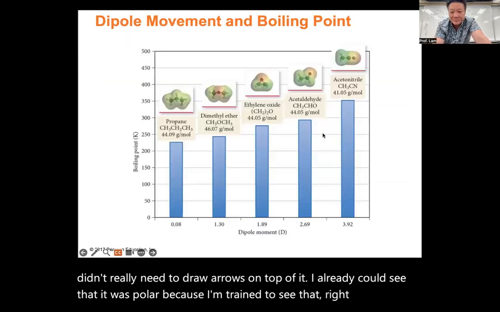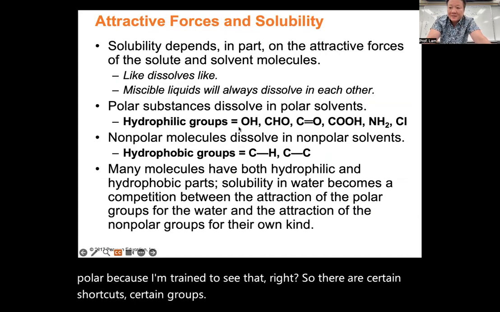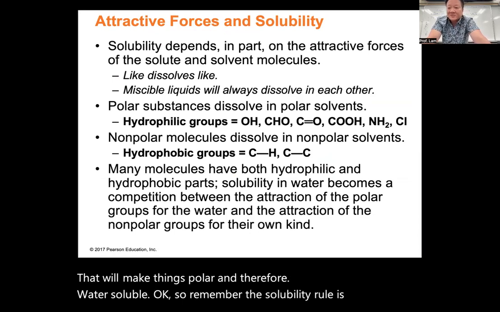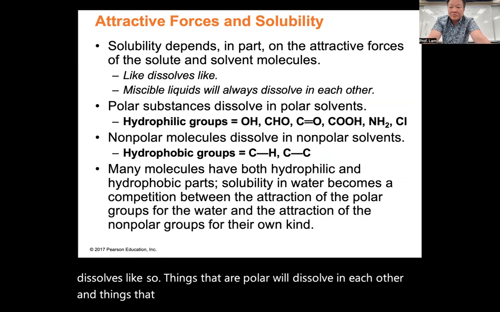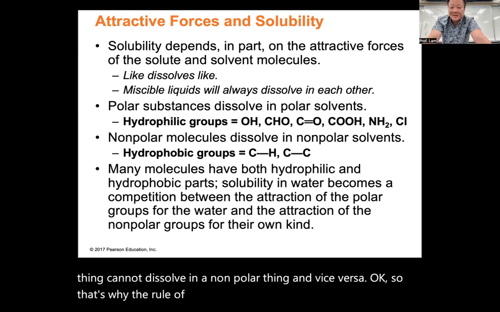So there are certain groups that will make things polar and therefore water soluble. Remember the solubility rule is that like dissolves like. So things that are polar will dissolve in each other, and things that are nonpolar will dissolve in each other, but a polar thing cannot dissolve in a nonpolar thing and vice versa. So that's why the rule of thumb is like dissolves like.